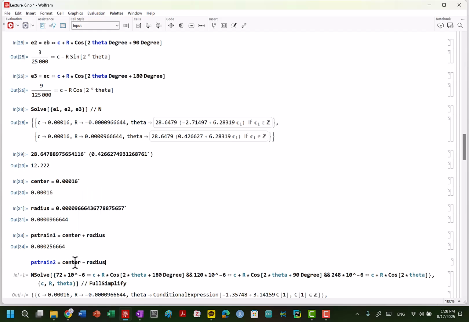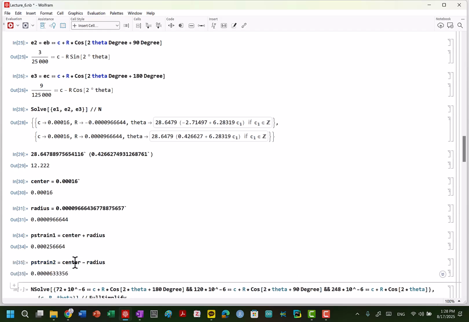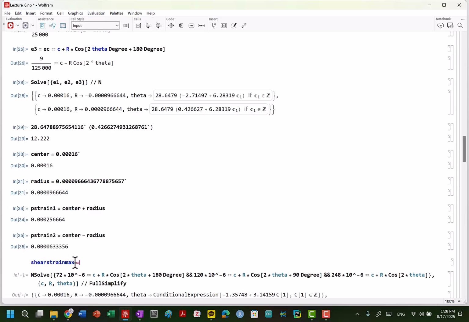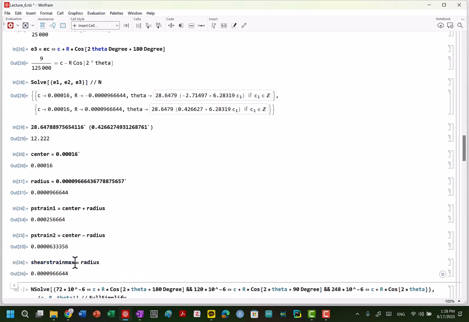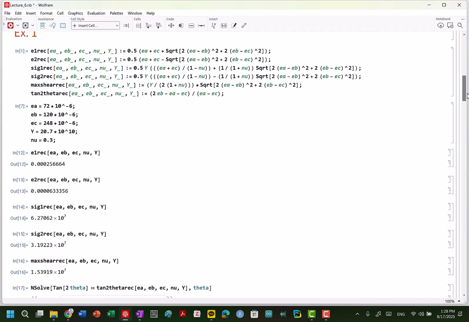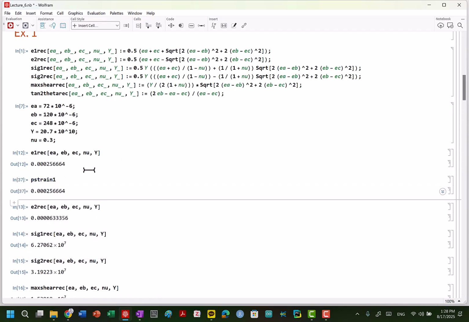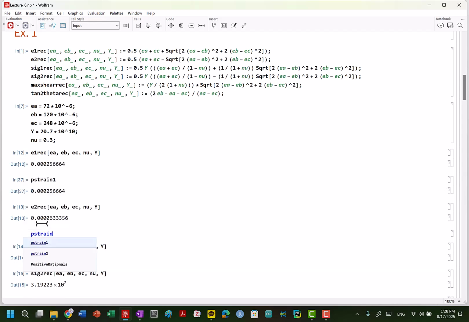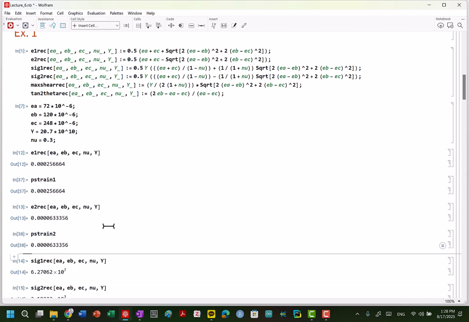I can't help myself. And then my shear strain max equals radius. So let's go up here with this plug and chug approach. P strain 1 is essentially the same thing here. My P strain 2 is equal to this here.